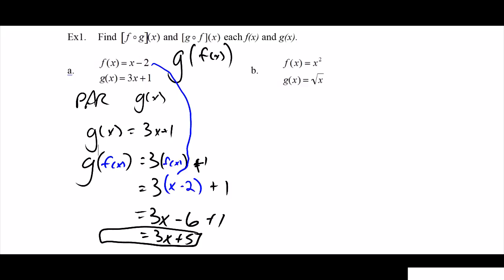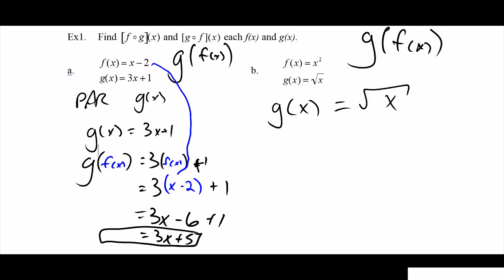So we're just substituting x's left ways, sideways, up ways, down ways. If you see an x in a function, you substitute it with another function. So g of f of x, what's our parent function? It's going to be our g of x. And what is that equal to? The square root of x. So we want to find out what is g of f of x.